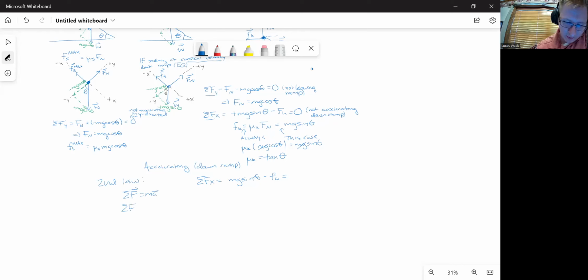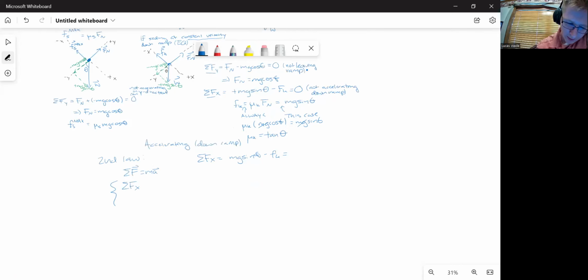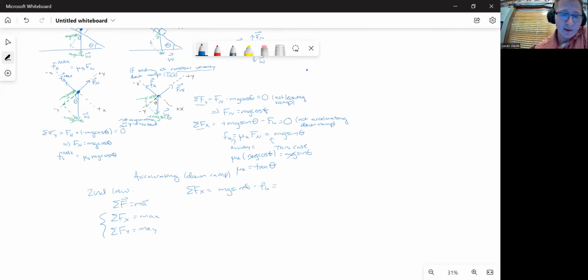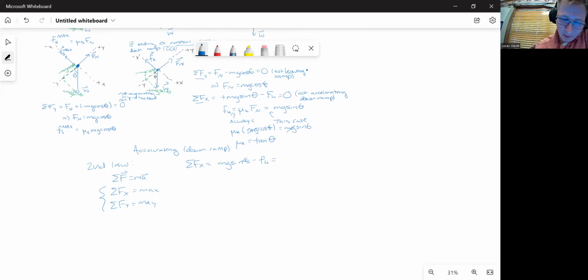And so in terms of components, yep, Kendron, that's right, in terms of components, max and may. But in this case, ay is still 0 because the block is not leaving the ramp. So this is max.